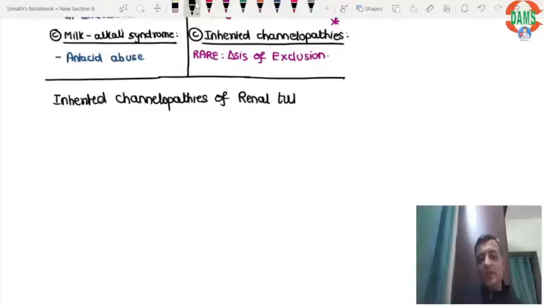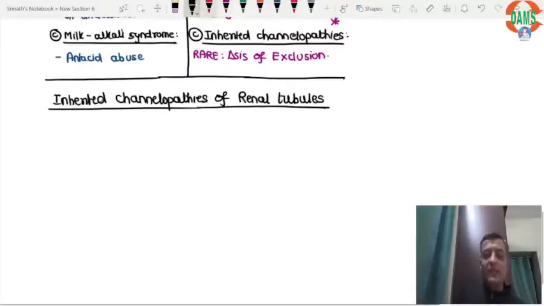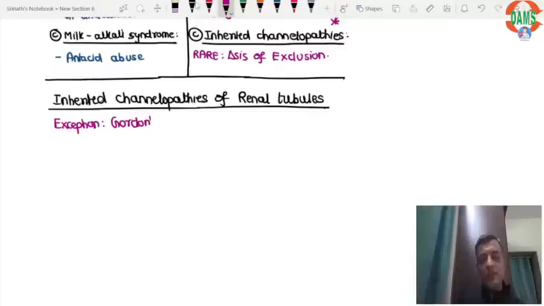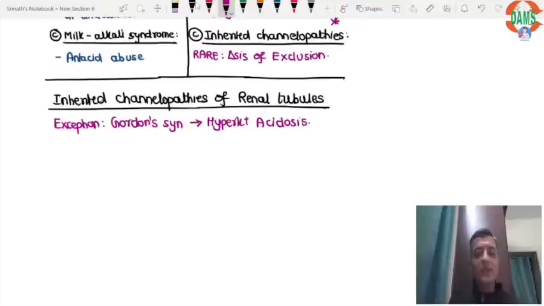Among the channelopathies, the exception to the rule is Liddle's syndrome. No wait, the exception is Gordon's syndrome, the only channelopathy which presents with hyperkalemic metabolic acidosis rather than alkalosis, which rather than aldosterone excess mimics aldosterone deficiency.